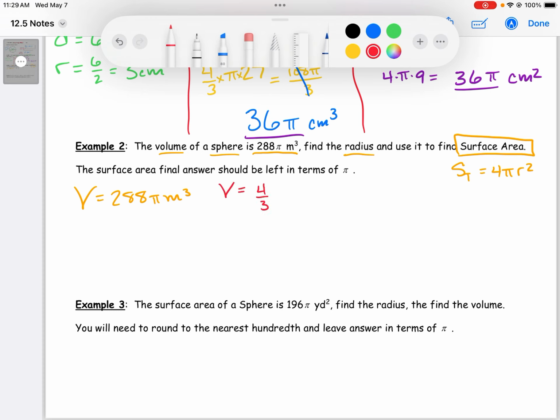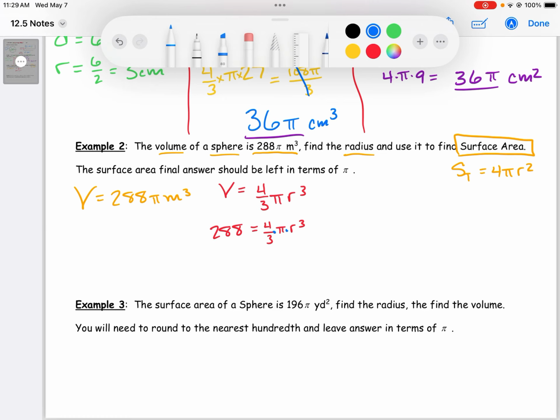So what I like to do is I like to write the equation. And then I like to fill in the numbers that I know. So I know that the volume is 288. I know that 4/3 is 4/3. Pi is pi. R is cubed.